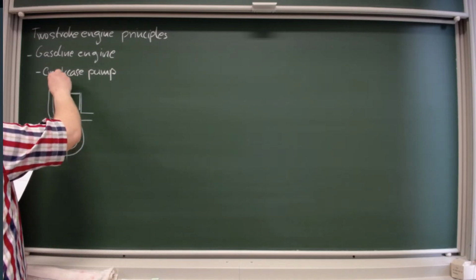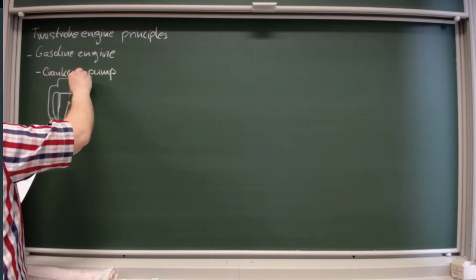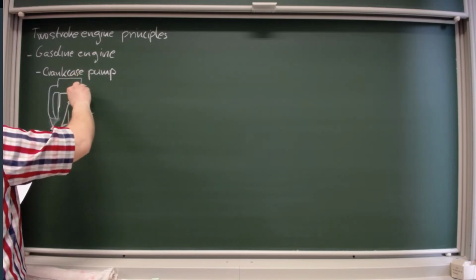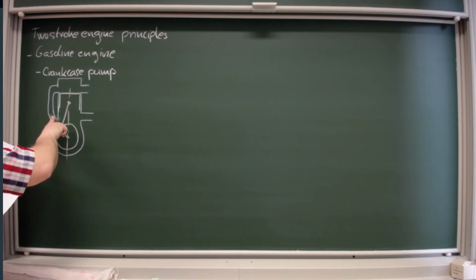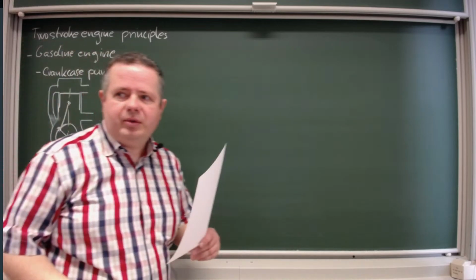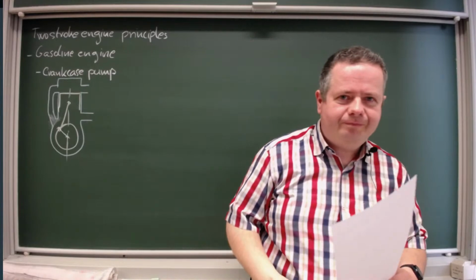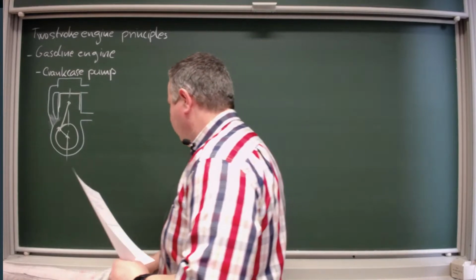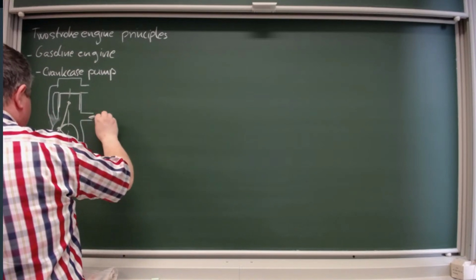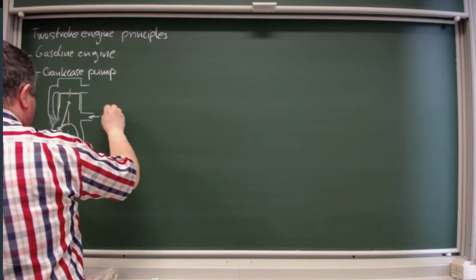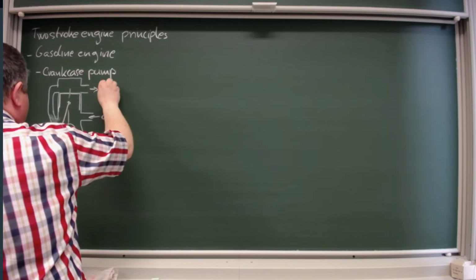And here somewhere you get the piston at the upper surface, and you get a kind of canalization system, a canal system or port system. So admission goes here, exhaust goes here.